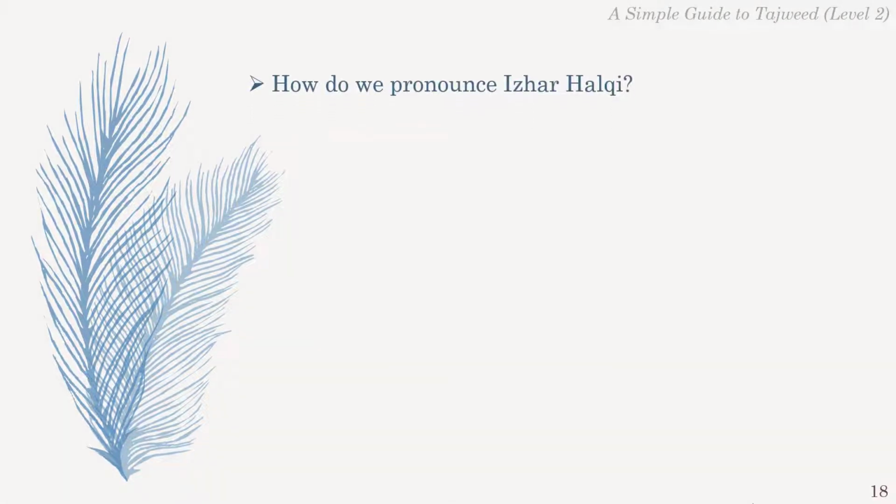So, how do we pronounce Izhar Halqi? In the first example, the Tanween is equal. We split the letter with Tanween into the letter with its haraka, which is ta marbuta with kasra, plus Noon Saakinah.